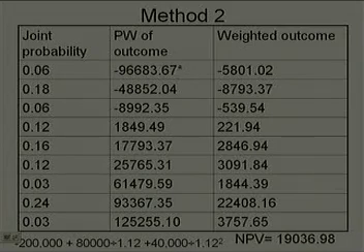So, this is method 2 in which we are using the concept of joint probability. Now, whichever method suits you, you can use that to calculate the net present value.